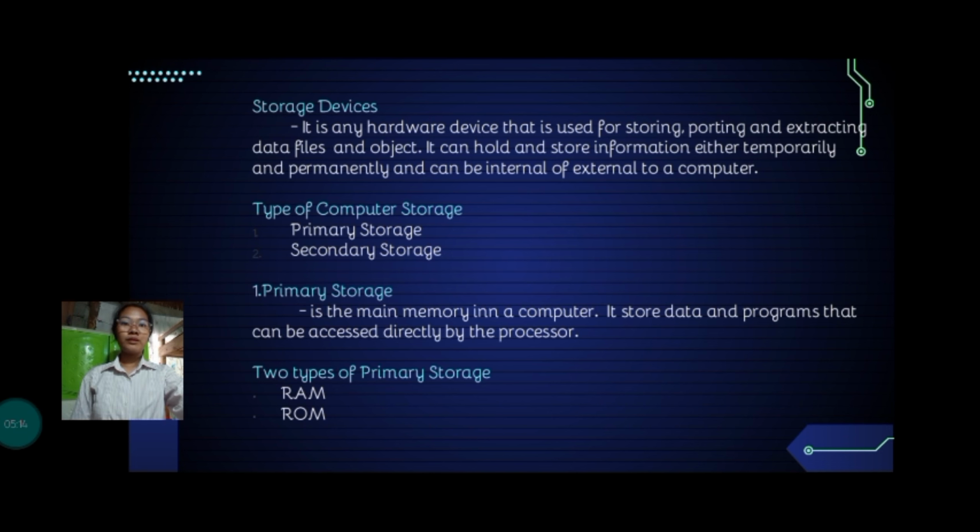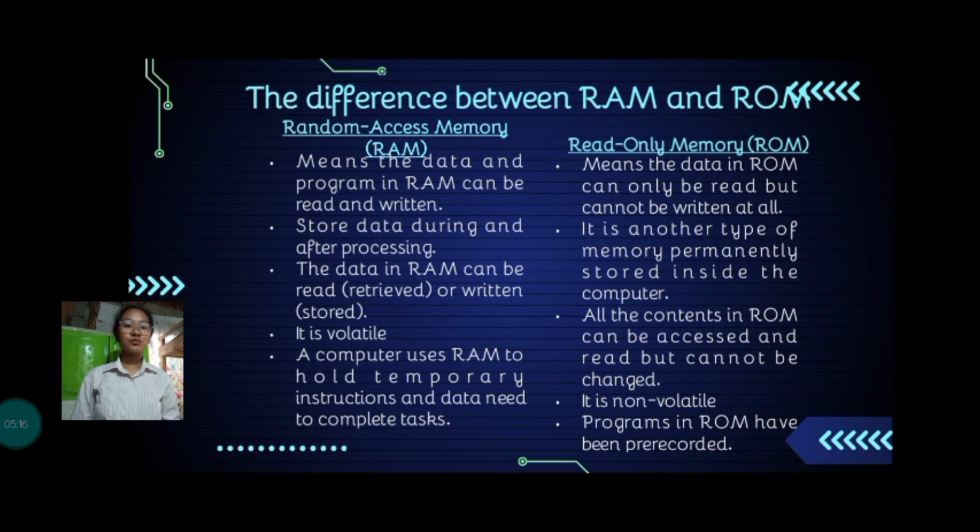Now let's define the difference between these two. RAM, or the random access memory, is the type of storage that the data or the program can be read or written.